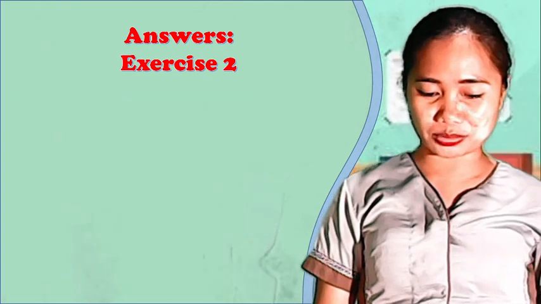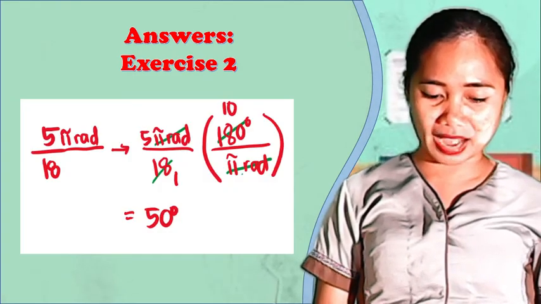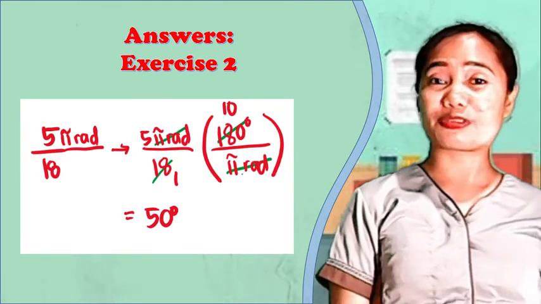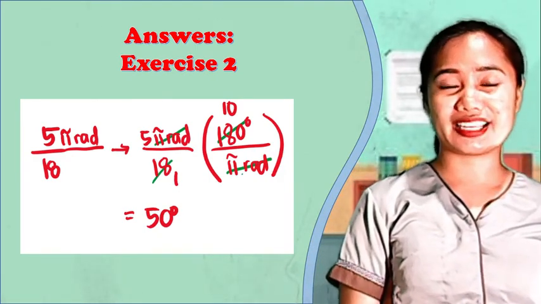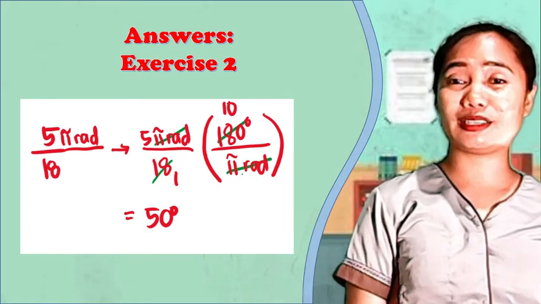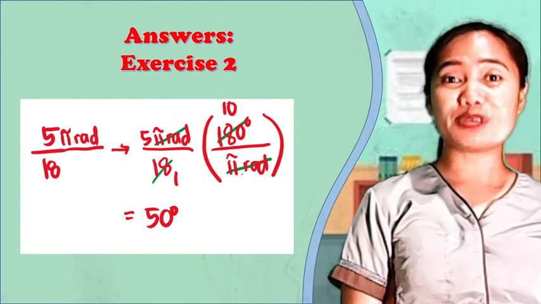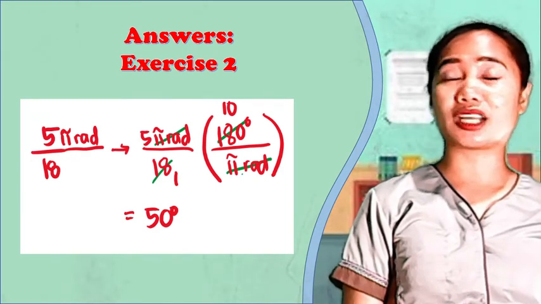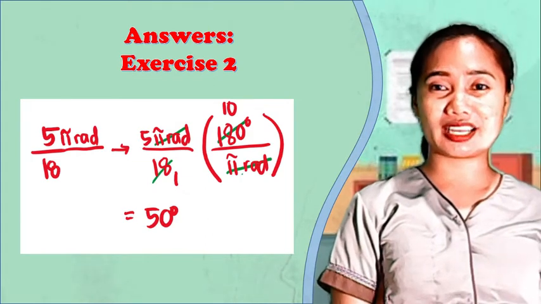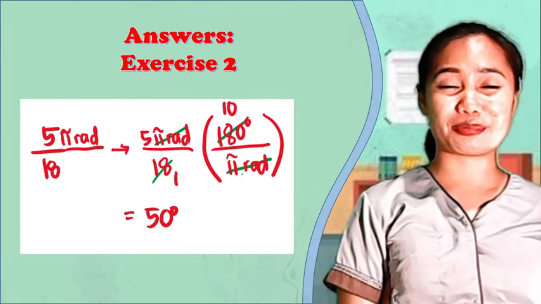And the last one, we have 5 pi over 18 radians. Multiply it with 180 over pi. If we cancel 18 and 180, we'll get 10 from 180 and 1 from 18.